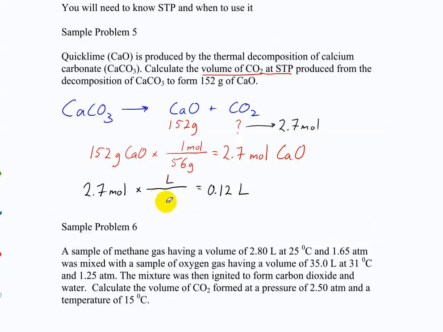I thought that looked wrong. I was like, something's wrong here. Thank you. Whoops. 1 mole has 22.4 liters. That's right. Okay, so that's 60.5. Sorry. And this would also work in the ideal gas equation. You could do that also.